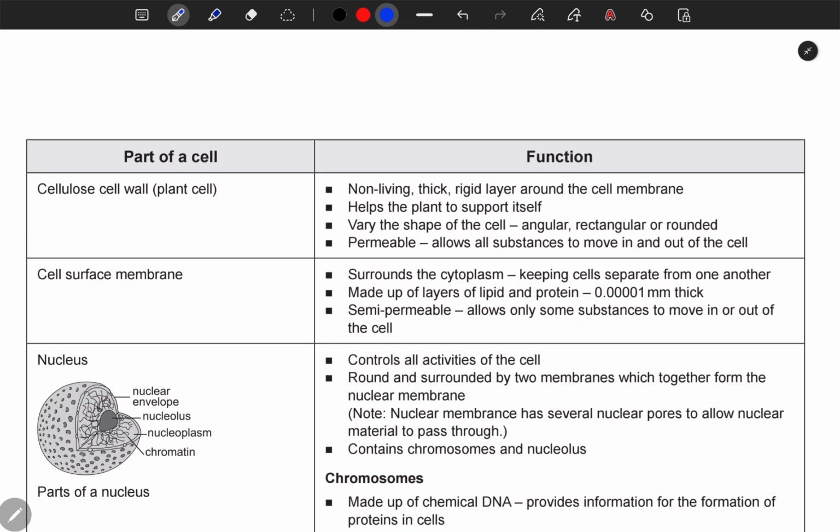Now, let's look at the functions. The cell wall is a non-living, thick, rigid layer around the cell membrane. What does it do? The cell wall helps the plant support itself, meaning it is a support system. It is also permeable, meaning it allows all substances to enter into the cell and also move out of the cell.